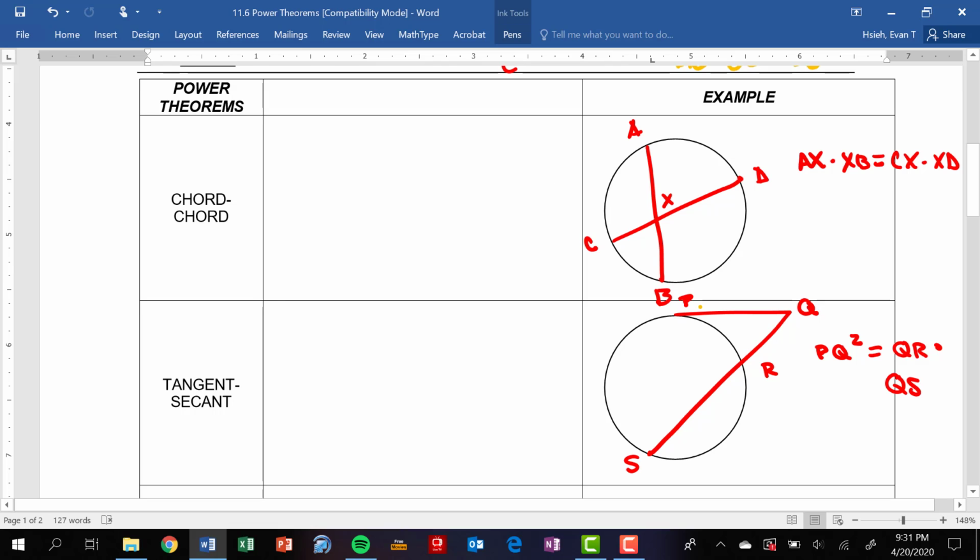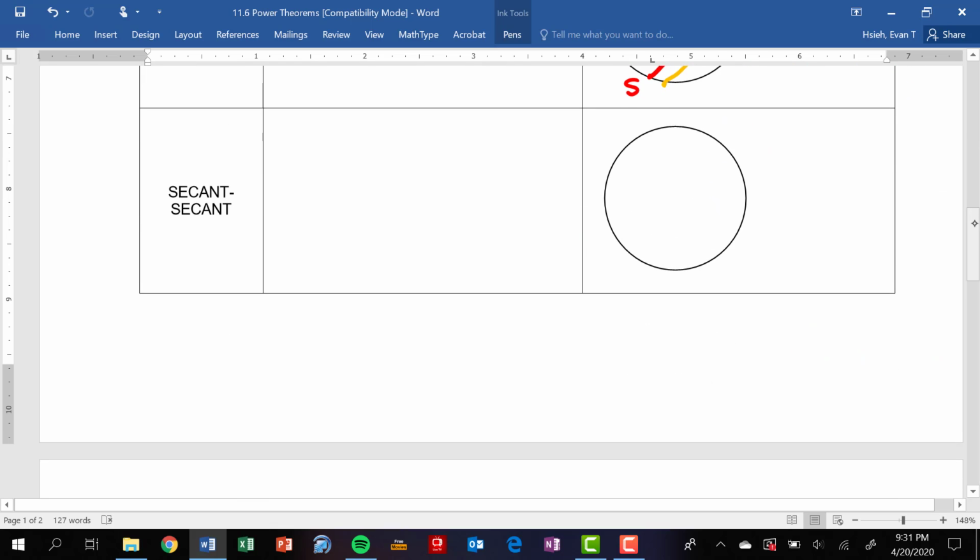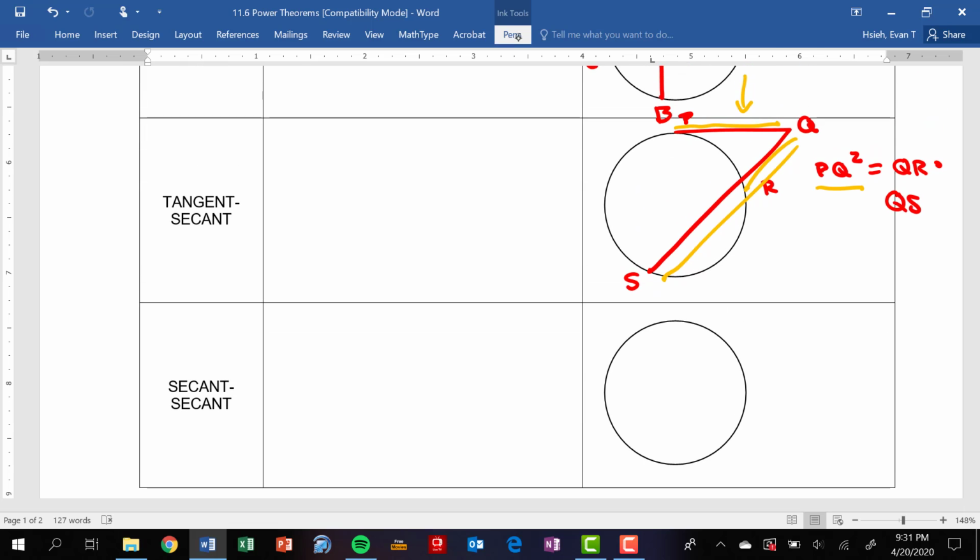If I think about it, like if this was a side that the sun is shining on, that's the PQ squared, and then this is the short, and then this is the long shadow. QR is to QS. So that's a tangent secant, and then the next one is a secant secant.